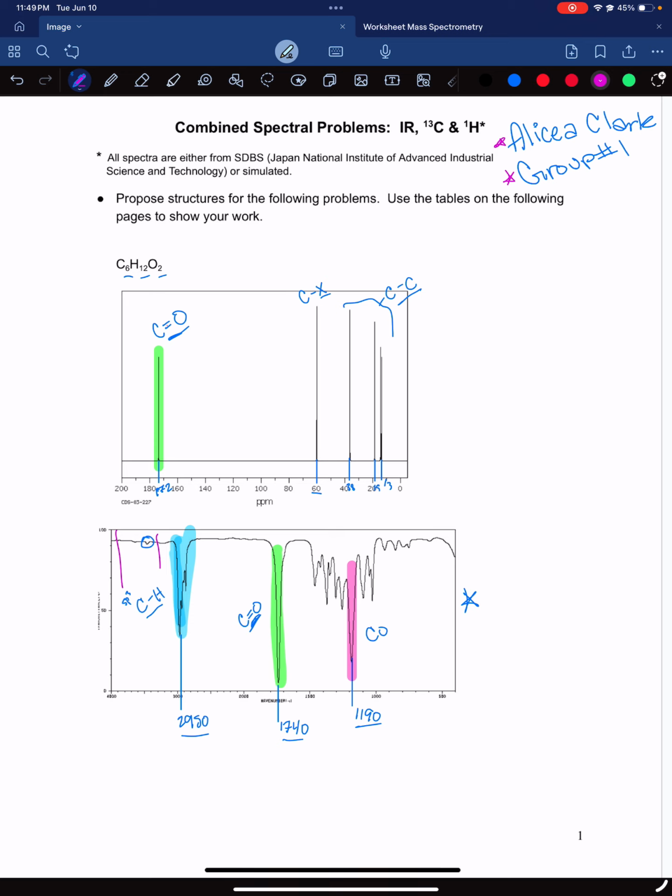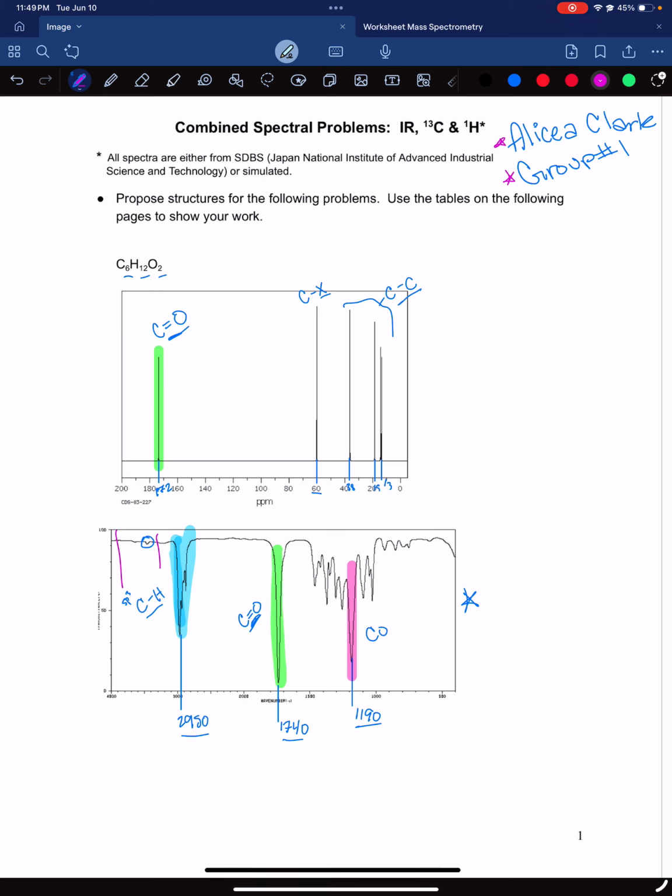I have my carbonyl marked because carbonyls are super obvious. They are also super obvious in our IR spectroscopy as well. So I have my carbonyl in green over here as well at 1740. I also have, at 60 parts per million back in my carbon 13 NMR, a carbon with some other heteroatom, which are usually like 50 to 70-ish.